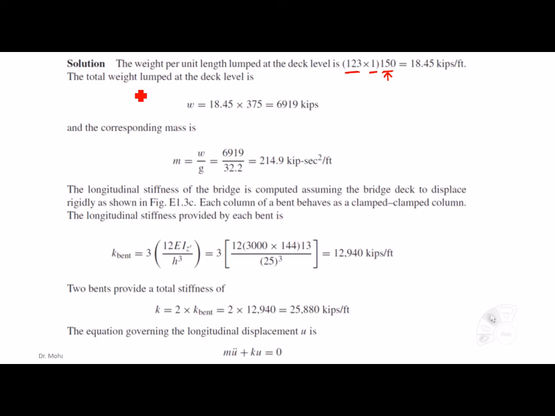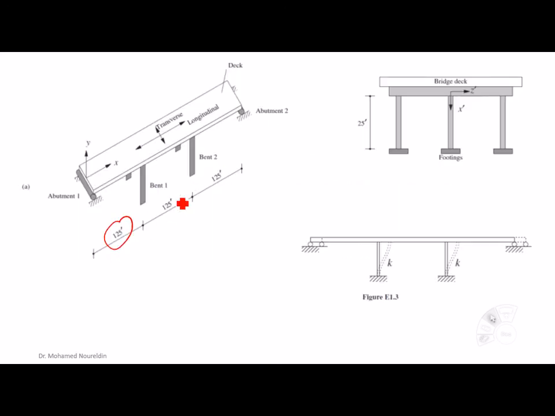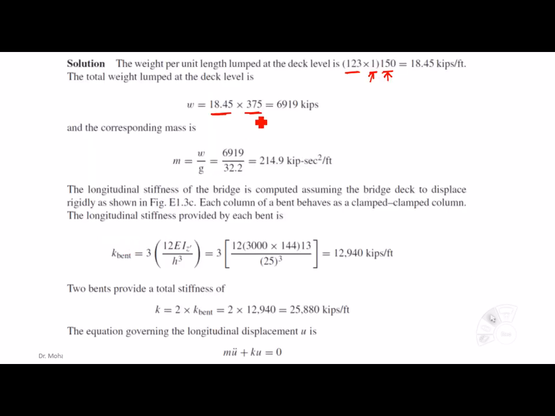So the total weight lumped at the deck level is 18.45 per unit length, multiplied by the length, which is the summation of 125 three times. So the total length is 375, and this is the total weight of the deck.